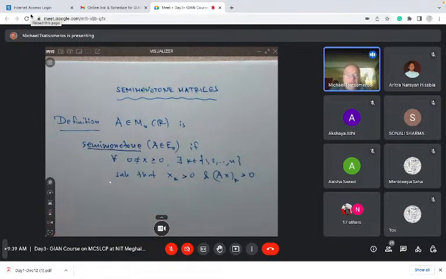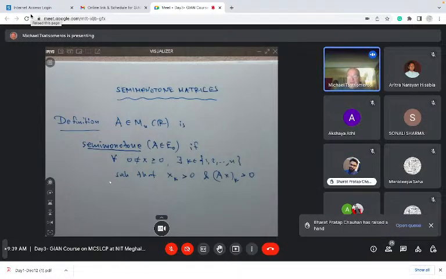So, in other words, when A hits a non-negative non-zero vector, it retains the sign of a positive entry. There's a positive entry on the x that gets mapped to a positive entry on the right.